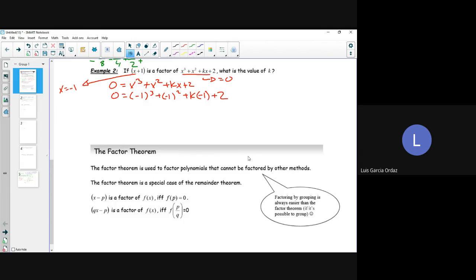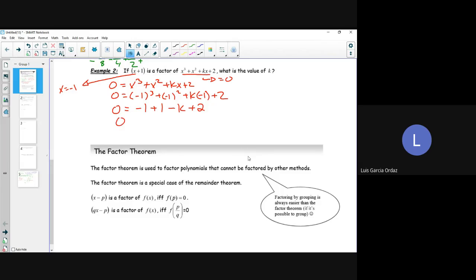Okay, so now all we have to do is just simplify all the exponents. So -1 to the power of 3, what does that give us? -1 plus 1 minus k plus 2. So now if we take the like terms, what does it simplify into? Is equal to 2.